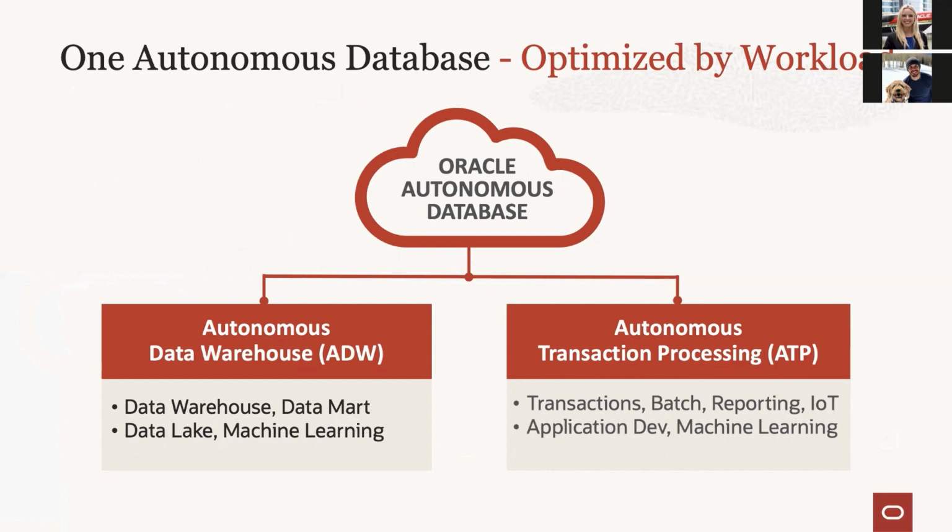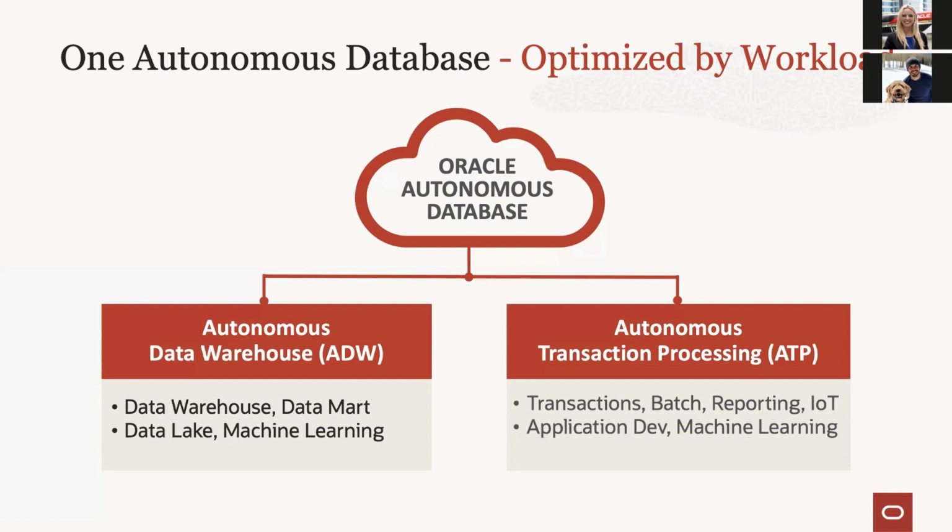And then we also have Autonomous Transaction Processing. As the name describes, transactions, you're thinking about a lot of inputs and outputs very constantly. So again, it's good for application development, some IoT things, anything where you're getting high transactions in and out of that database. Transaction processing is a good one to use.